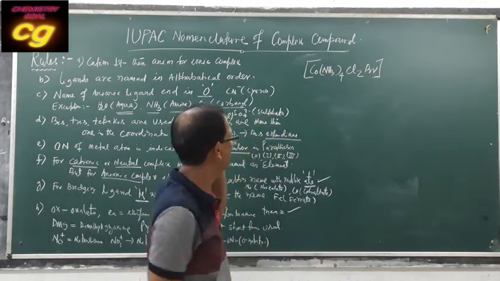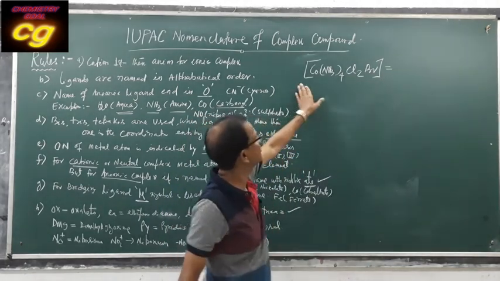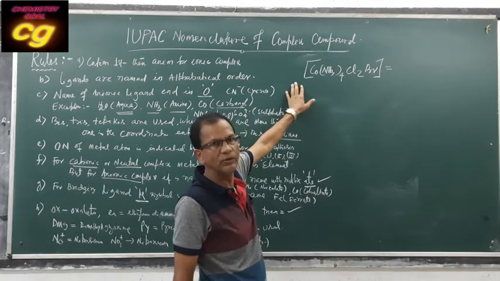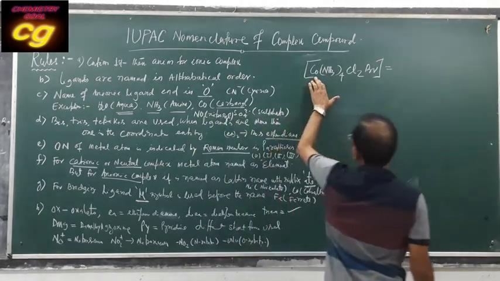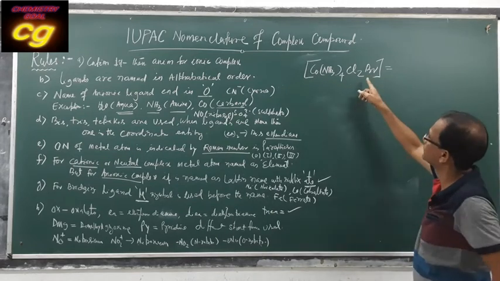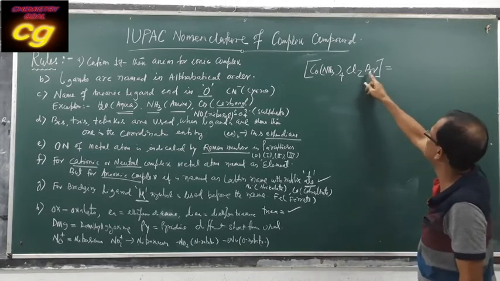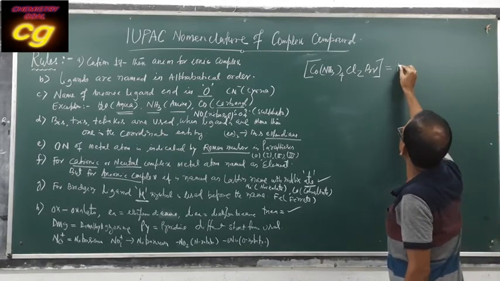What is the name? Same way, as it is a neutral complex having no charge, the metal name will be the name of the element. So we start from the ligand names in alphabetical order. First B, bromido.